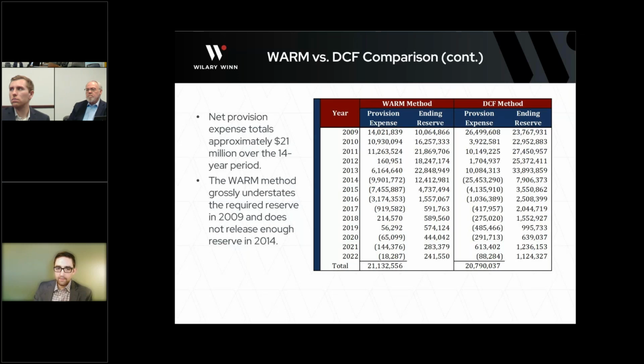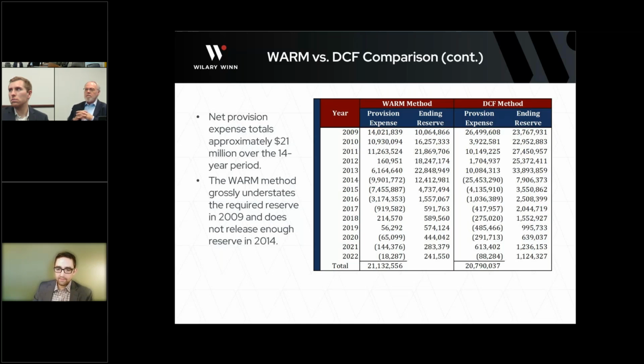We're holding on to excess reserves longer than we need to, meaning we have capital tied up. We're limiting ourselves from a liquidity standpoint and hindering ourselves potentially from a competitive standpoint as well. If we look at the discounted cash flow model, we're tracking much more dynamically. So we build reserves pretty quickly during the downturn and then release them appropriately as conditions continue to improve.